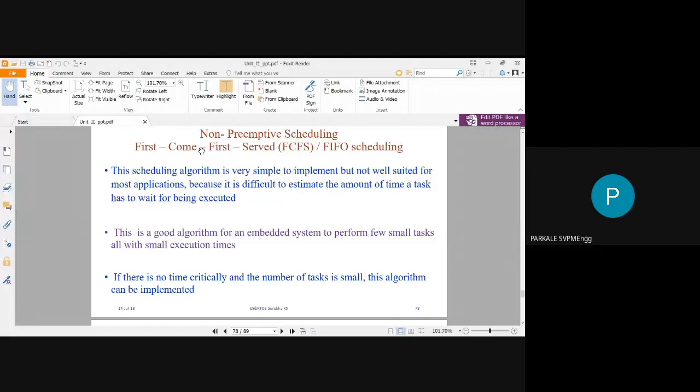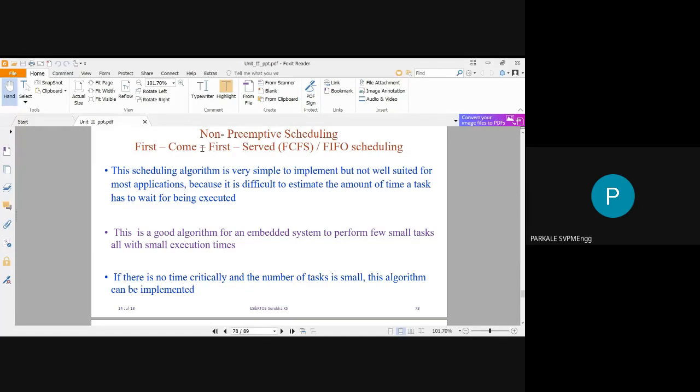Okay, so again I will repeat it. First come first serve: the first task which comes to the CPU will get the service. Quite clear. It has the advantage that it is simple to implement, but it has the disadvantage that it is very difficult to estimate the amount of time each task has to wait for being executed.